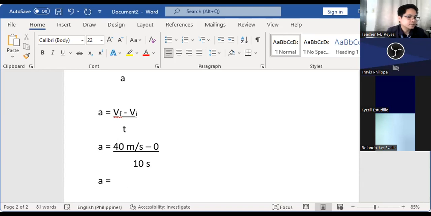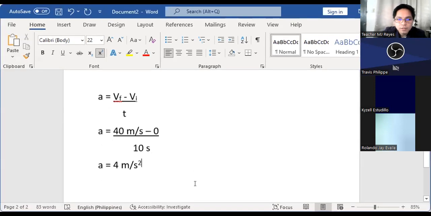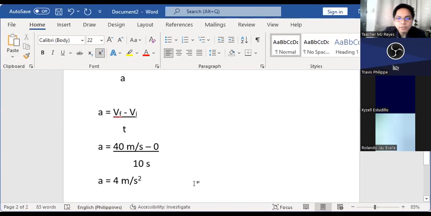What is the answer? 4 meters per second squared. Why squared? Because you have one unit here and another unit here, so this is squared. So your acceleration now is equal to 4 meters per second squared.